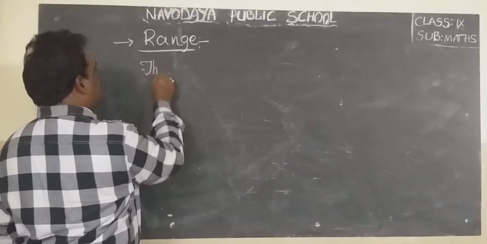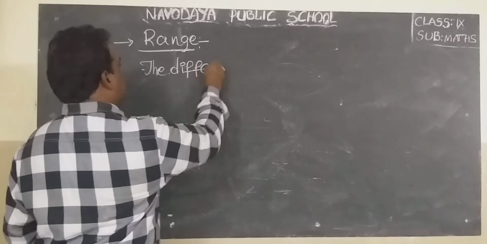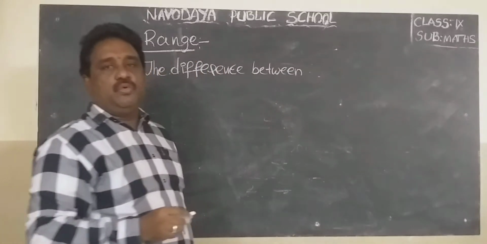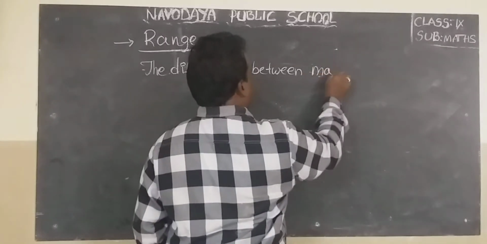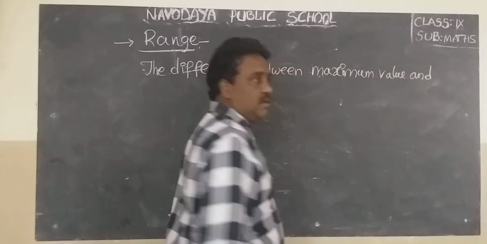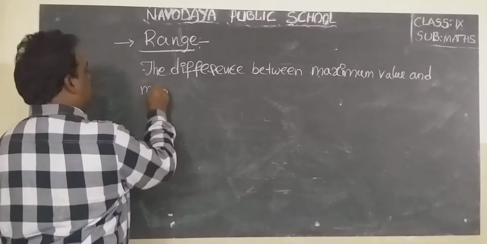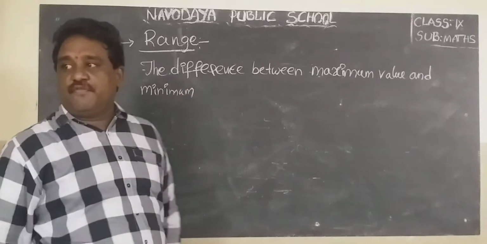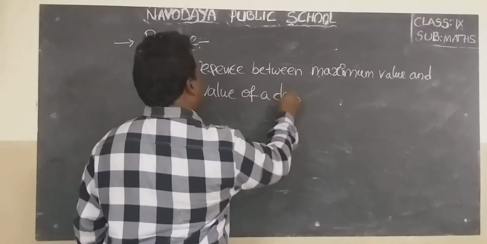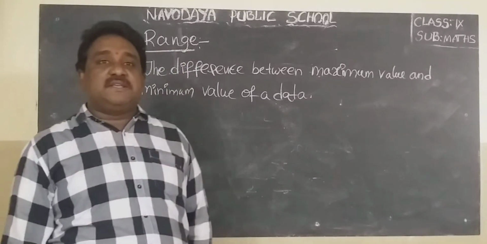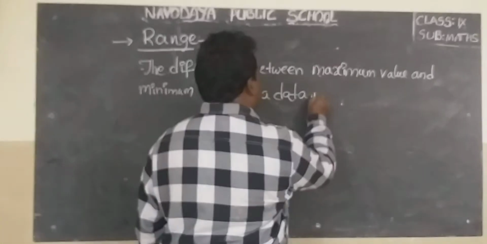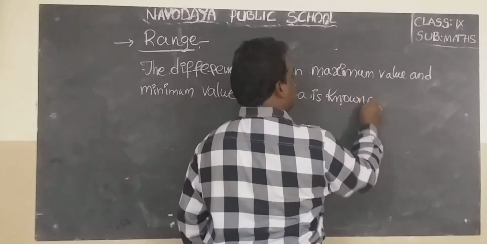The difference between the maximum value, the highest value, and the minimum value of a data is known as range.